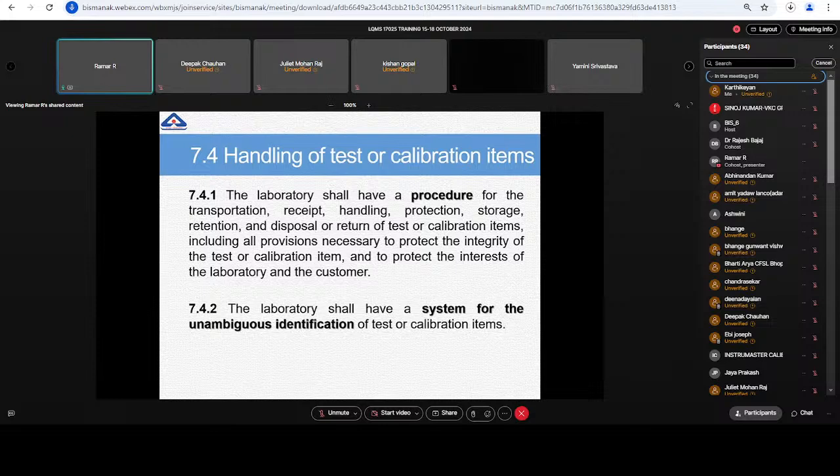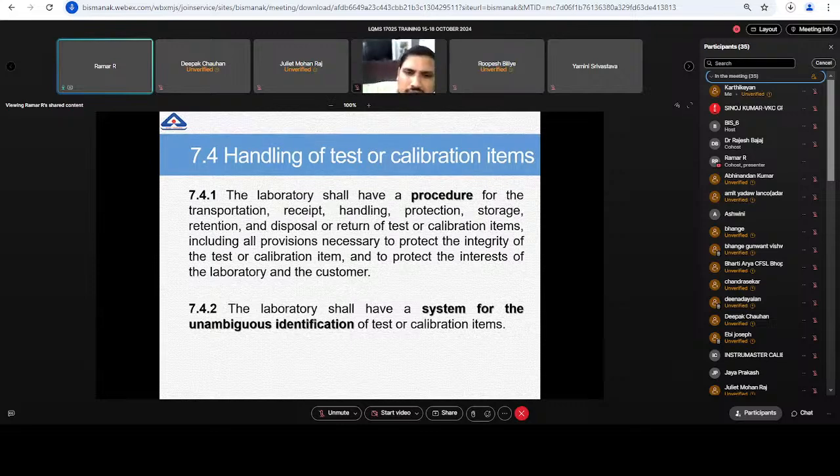Once the sample is received in the laboratory, the samples are in the custody of the laboratory. Right from the sample receipt to testing and handling during testing or calibration, or after that we may hand over the samples to the customer, or we may dispose the samples as per the requirement or as per our contract.